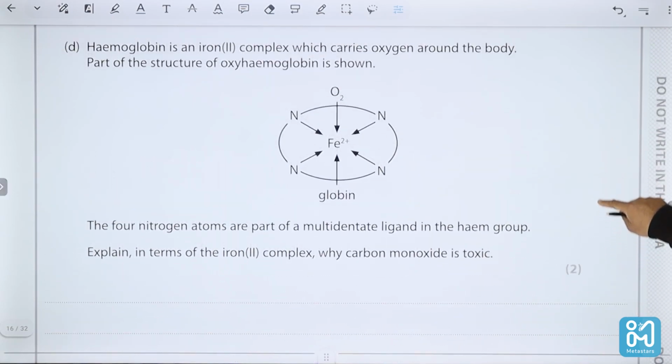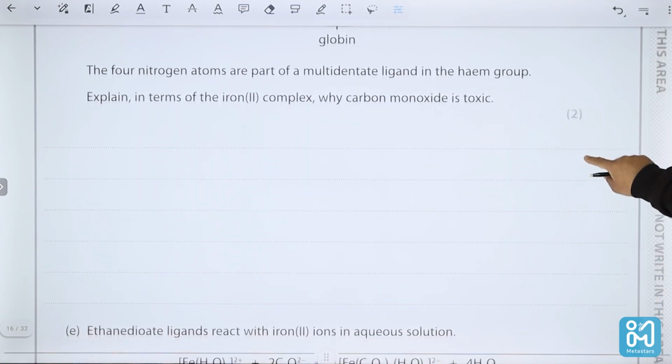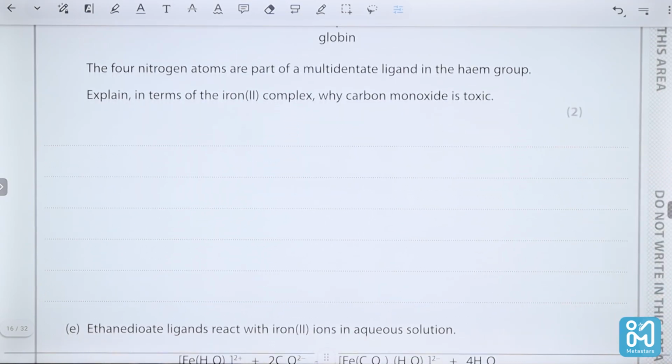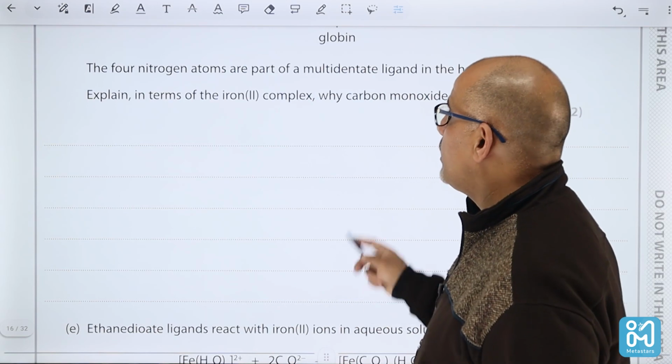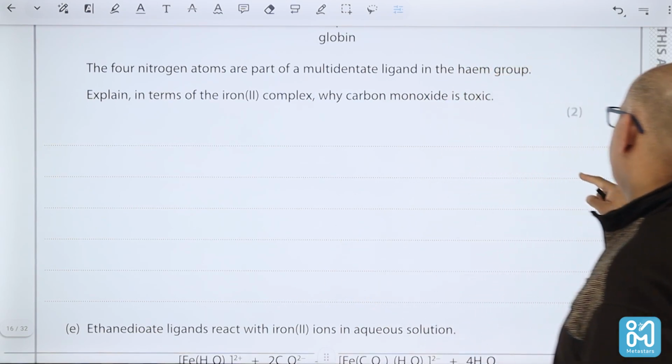Now you will see that carbon monoxide is toxic because it will enter the hemoglobin, and it will replace the oxygen in the molecule, and it will bond strongly with the iron positive 2.